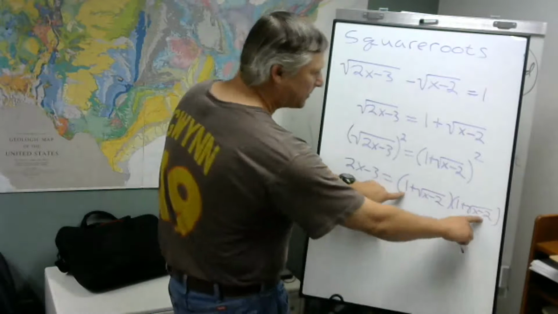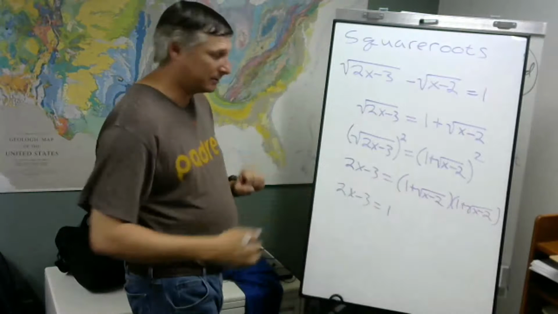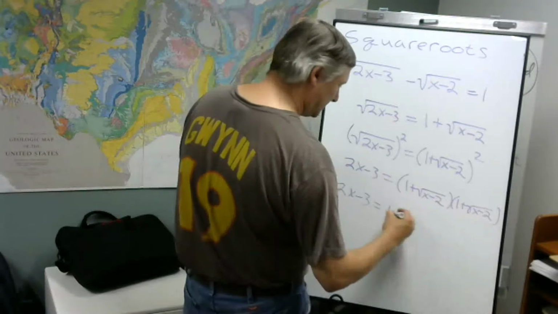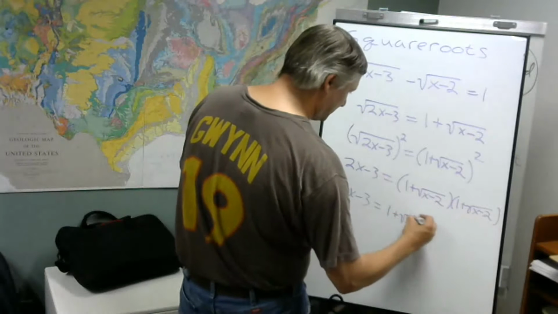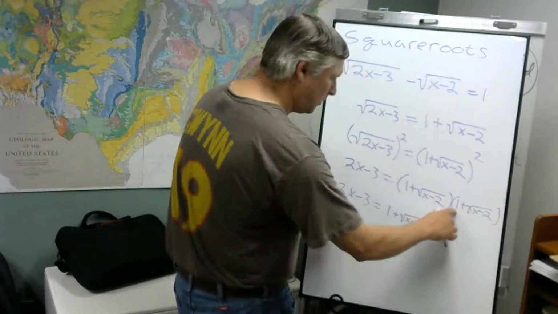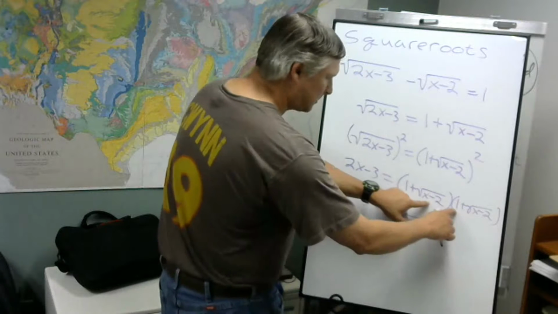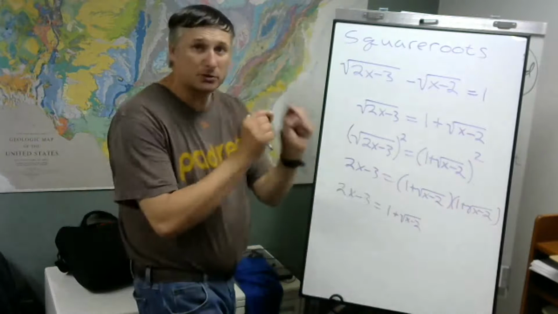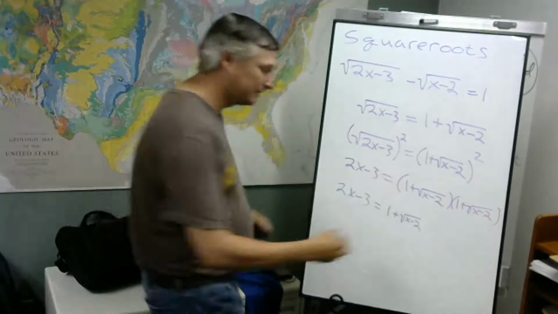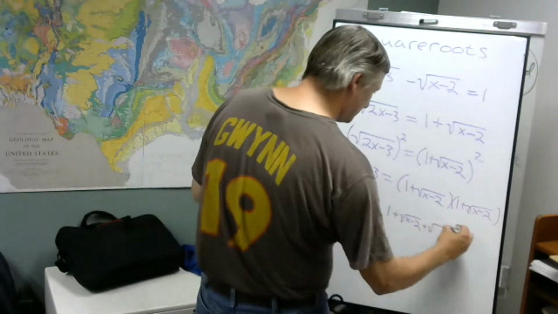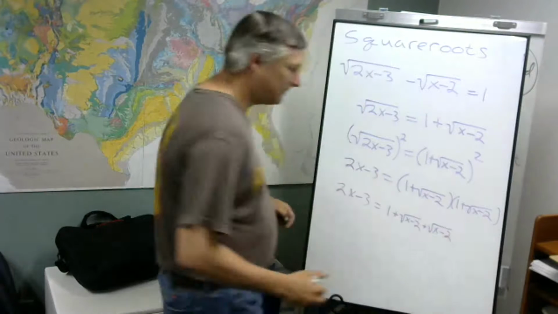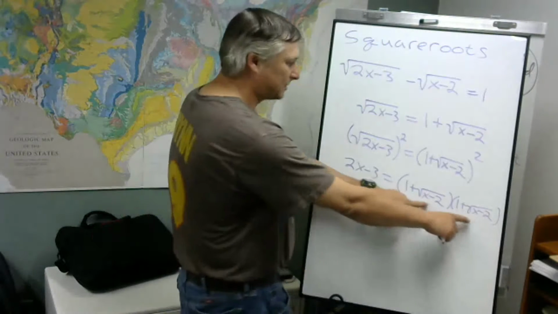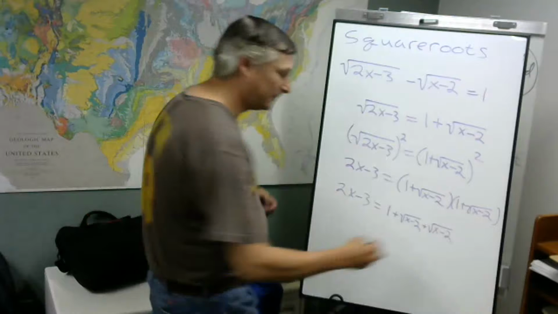1 times the outer terms of the entire product, so that's 1 times this, which is just that square root. And then 1 times the square root x minus 2 here, the inner terms of the entire product. And then finally, the product, the last terms of each binomial.